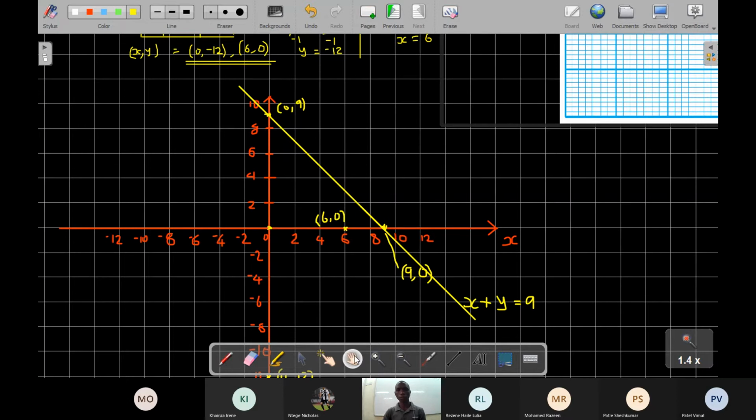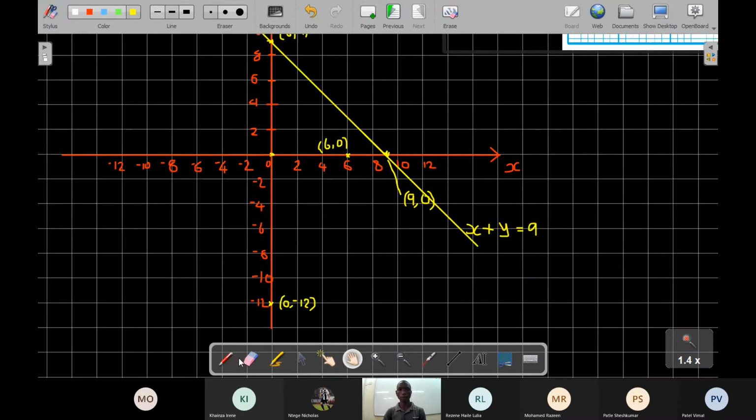So then after plotting those 2 points, we can draw a straight line through those 2 points. So you put here a long ruler. Oh, sorry, I'm not using a long ruler. So we get a long ruler here and we draw a line passing through these points like this.